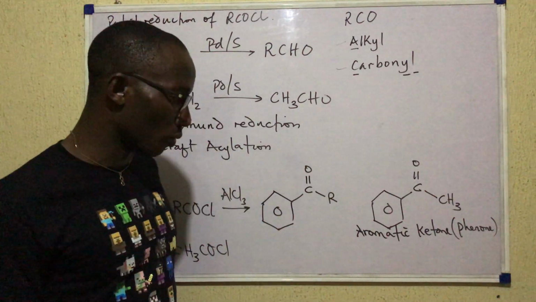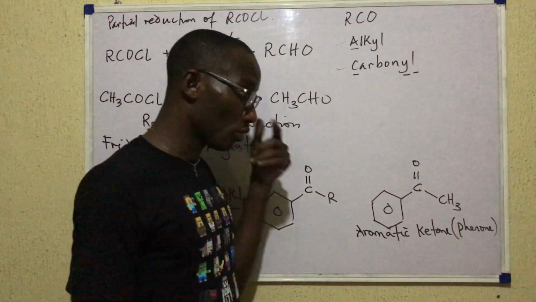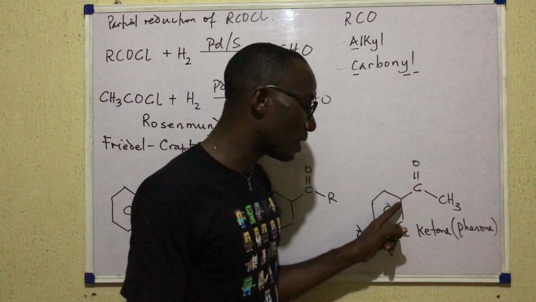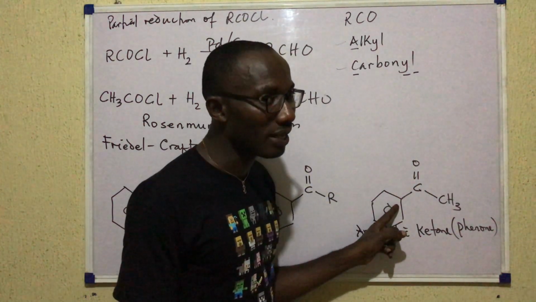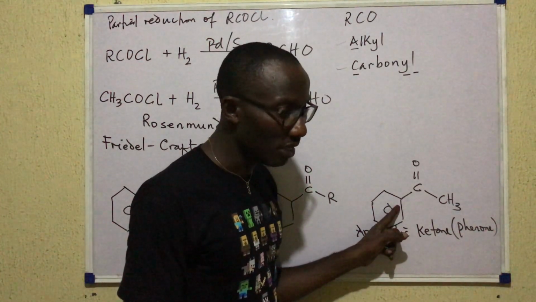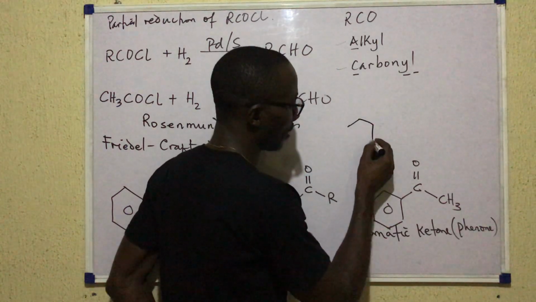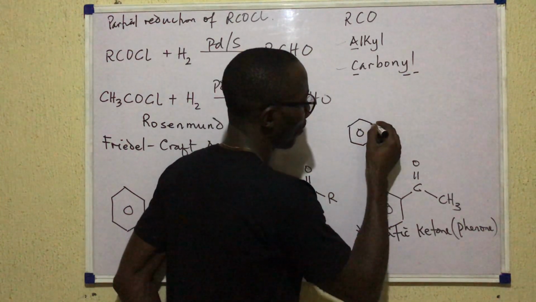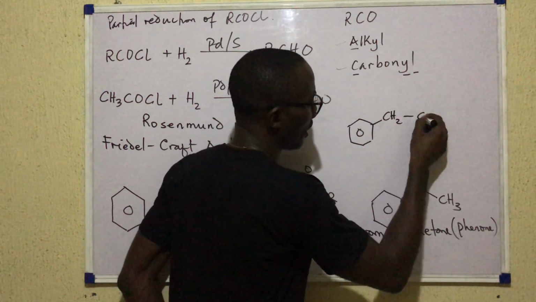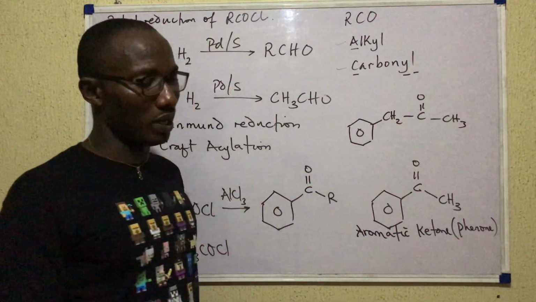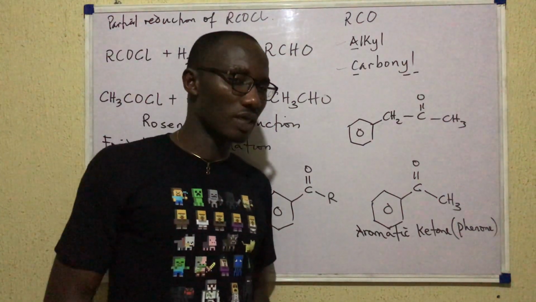And then also, it is called an aromatic ketone because the carbonyl group CO is directly attached to an aromatic ring. It is directly attached, which means if we have something like this, look at this compound now, CH2, then CO, and CH3. This is also a ketone, but this ketone is not aromatic.